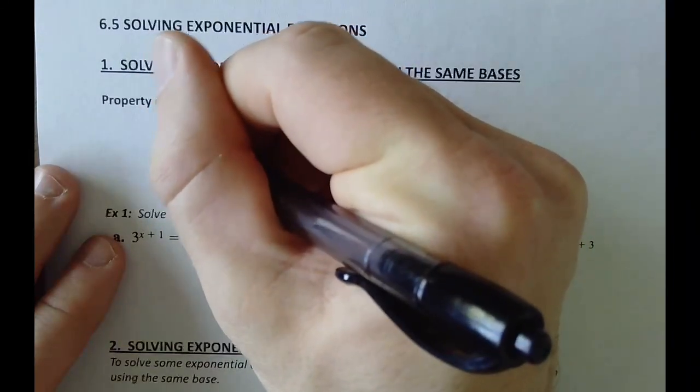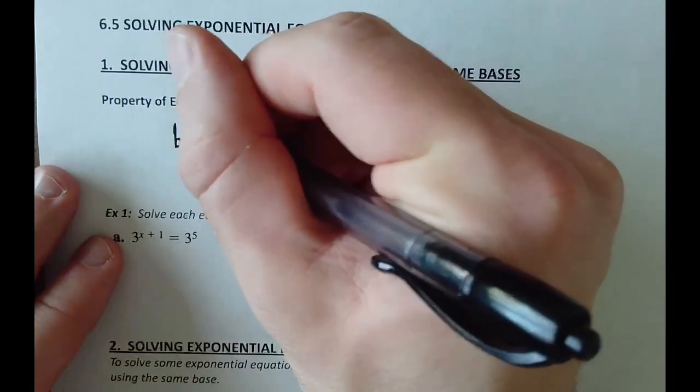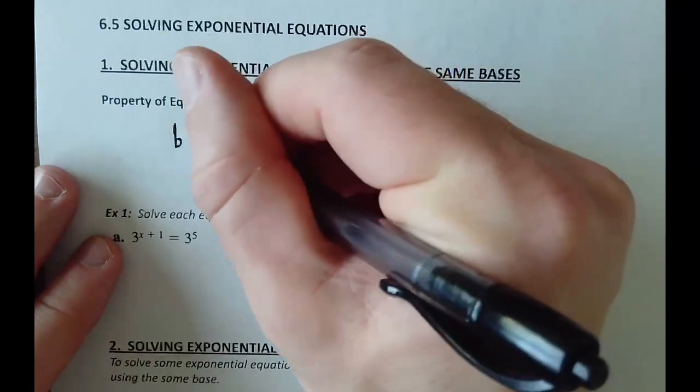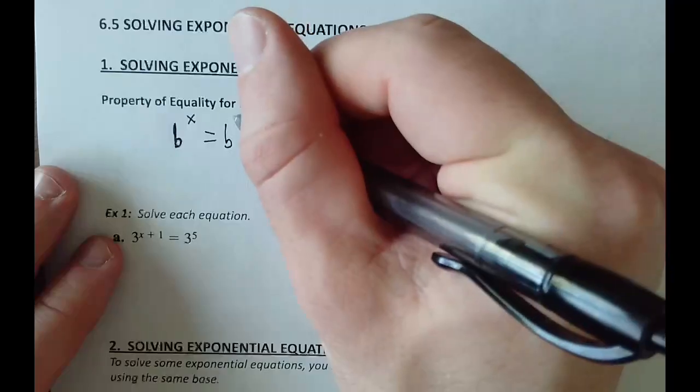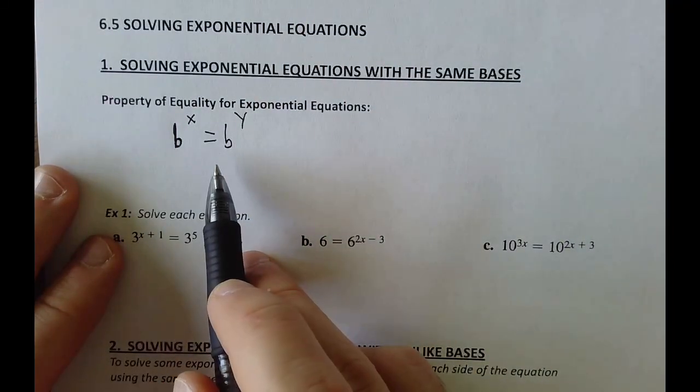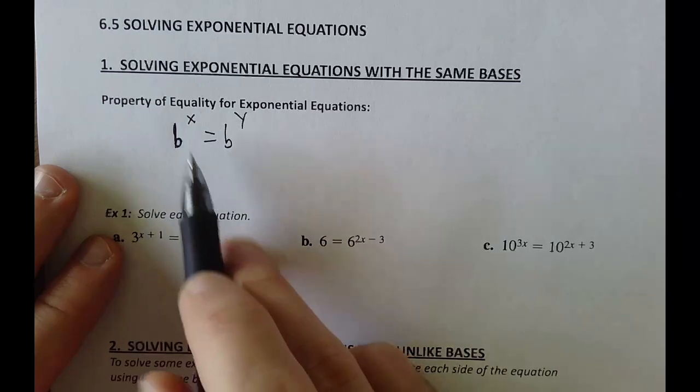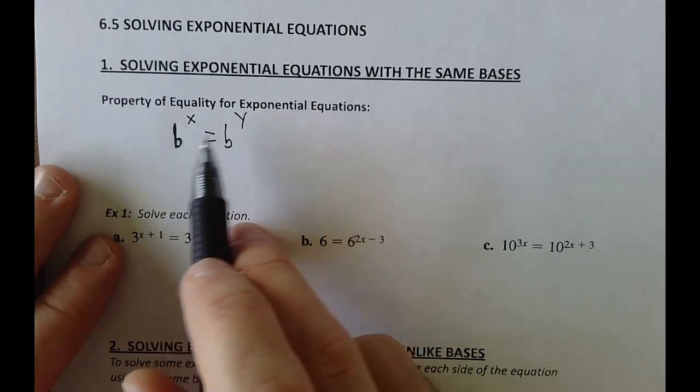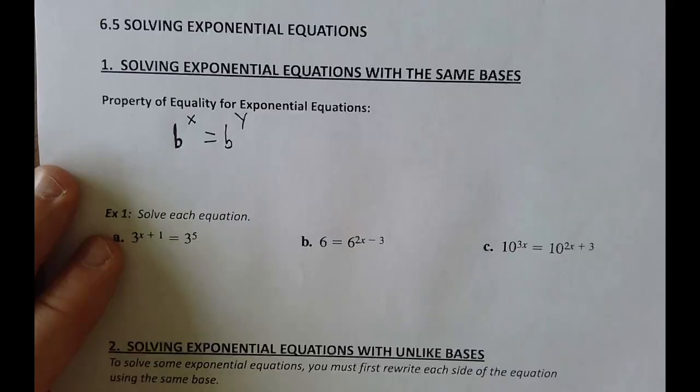So what the property states is that if we have two bases that are the same, so b and b here, and they equal each other, then their powers must also equal each other, okay?